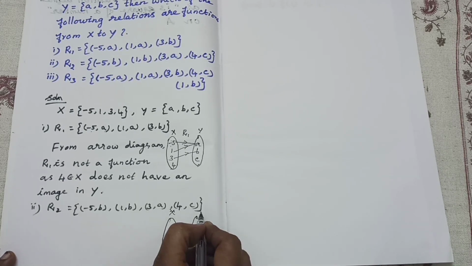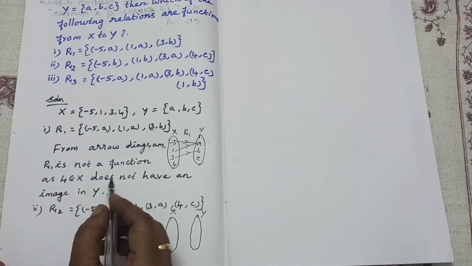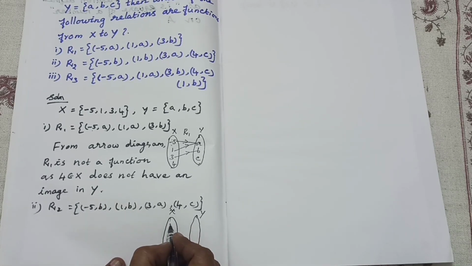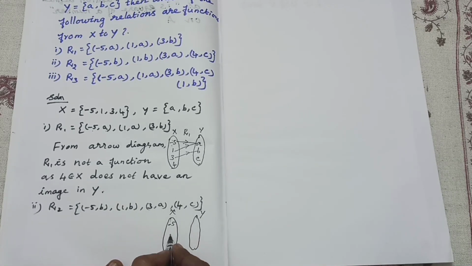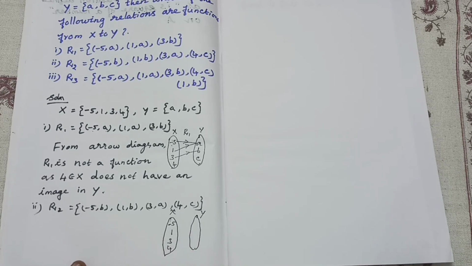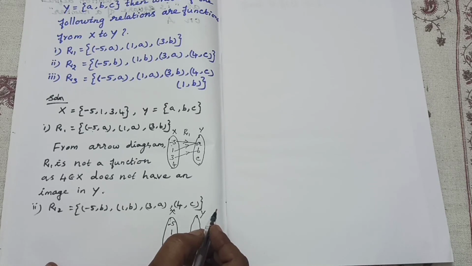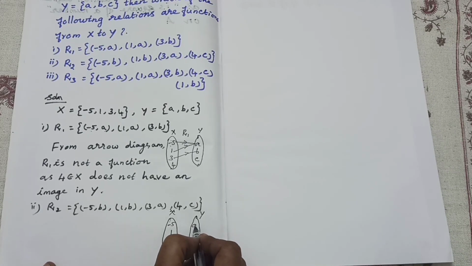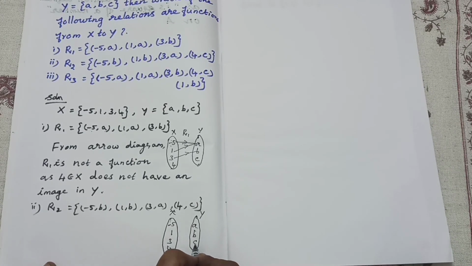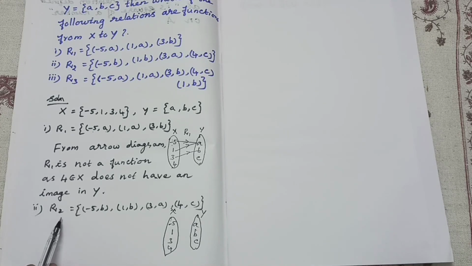First, X value, write it here. Y. What are the elements of X? Minus 5, 1, 3, 4. Okay. Then Y elements are A, B, C. What's the relation given here? Minus 5 comma B, isn't it?